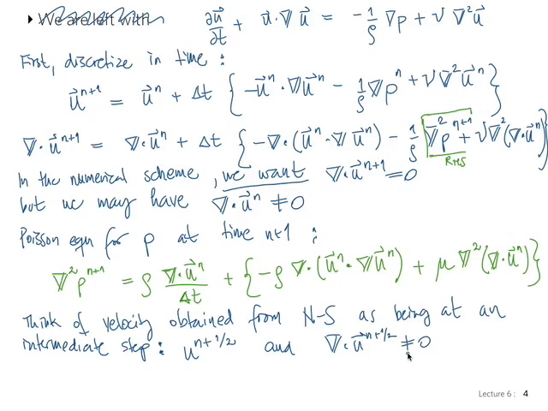So we need to calculate the pressure P n plus 1 that satisfies, so that continuity is satisfied. And basically we put this u n plus 1/2 in here. So this is a way to interpret it, yes?